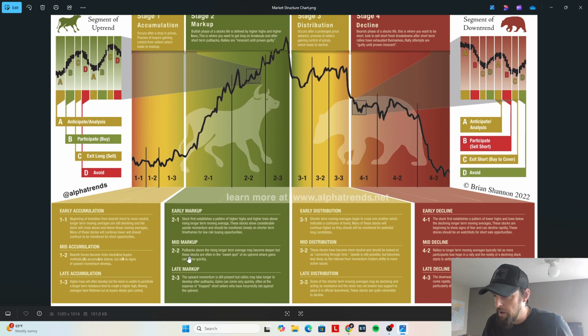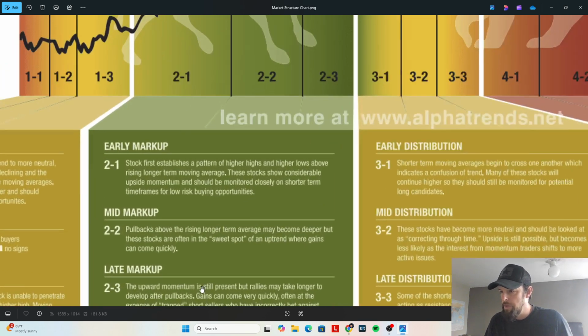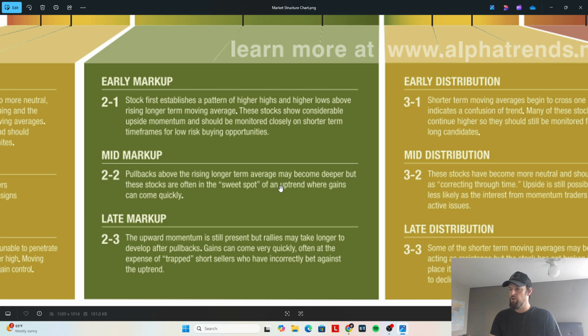To finish up markup here, pullbacks above the rising longer-term averages may become deeper. These stocks are often in the sweet spot of an uptrend where gains come quickly. So this is where buy low, sell high comes in on the smaller time frames. In my case, I like to look at trend on a daily time frame. I like to go down to 4-hour demand zones to find a price retracement on that smaller time frame in order to scoop up a position with anticipation that it's going to keep going up.